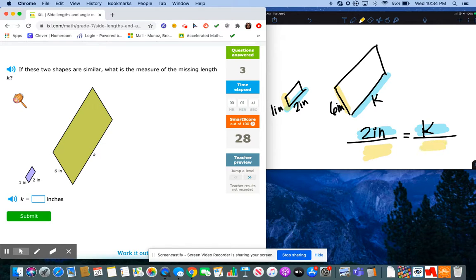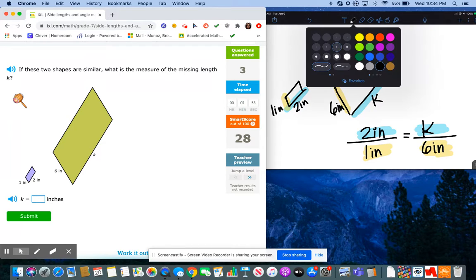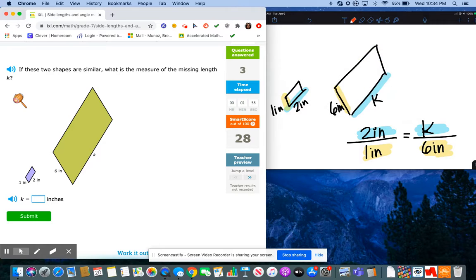So I'm going to write those right here. 1 inch is corresponding to 6 inches. And so I find a relationship here. I think I can solve this proportion doing this. 1 times 2 will give me 2. So 6 times 2 will give me 12. So this length is 12 inches, and so I type in here 12 inches right there.